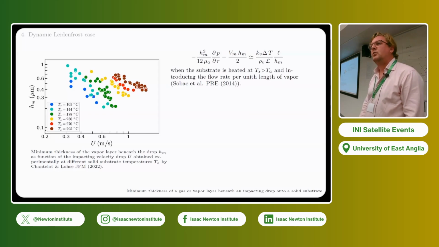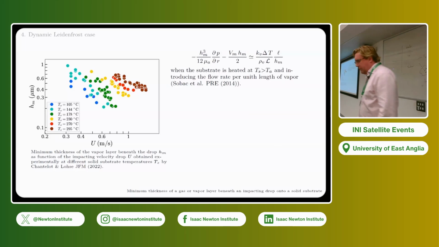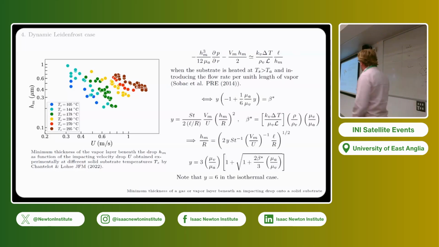This equation can be described with this variable Y, where this variable beta star depends on the property of the liquid and the vapor layer, and the temperature difference between the solid and the boiling temperature of the ethanol. And this is a quadratic equation.